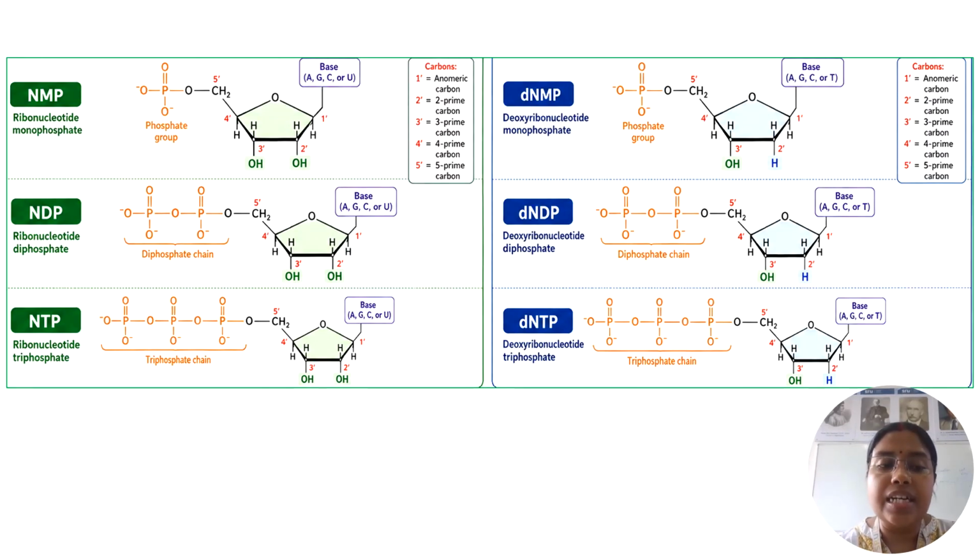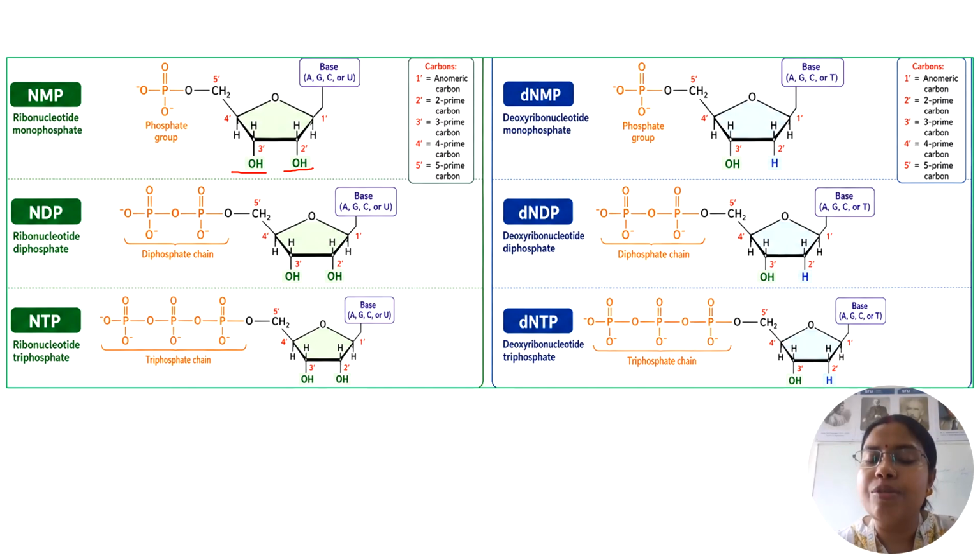So this is the structure of the nucleotide monophosphate, diphosphate and triphosphate. In all these cases it is the ribonucleotide, not deoxyribonucleotide, so the ribose sugar is present. You can see at both the 2' and 3' positions the hydroxyl groups are present. The bases should be adenine, guanine, cytosine and uracil, because thymine is exclusively for the DNA.